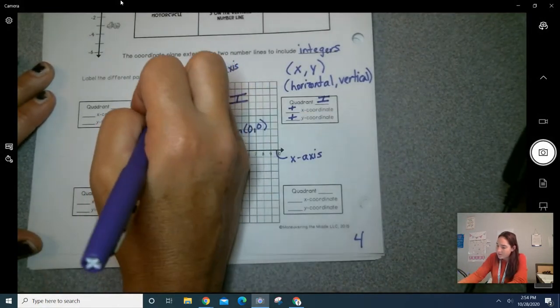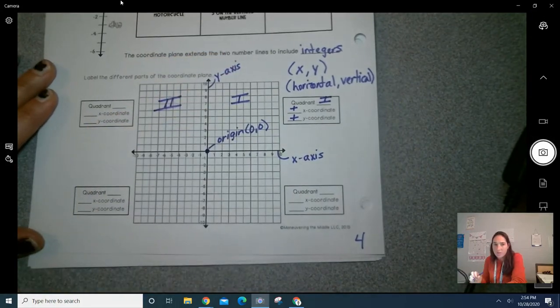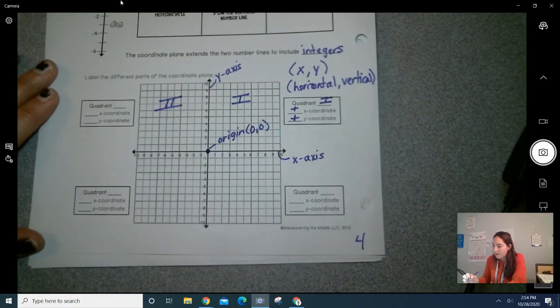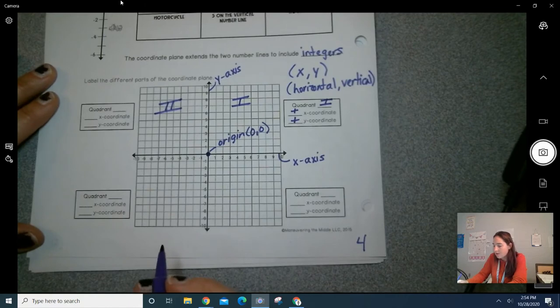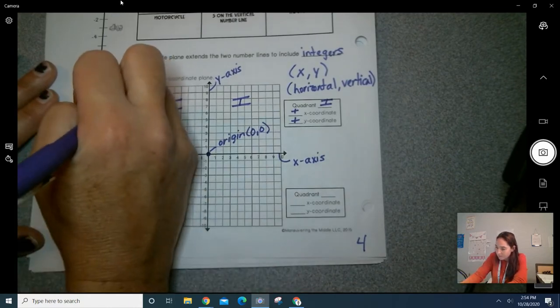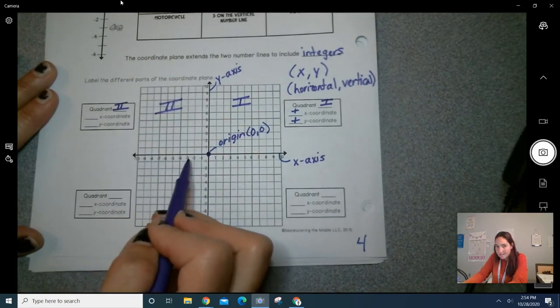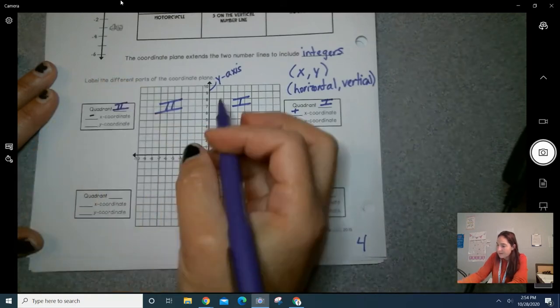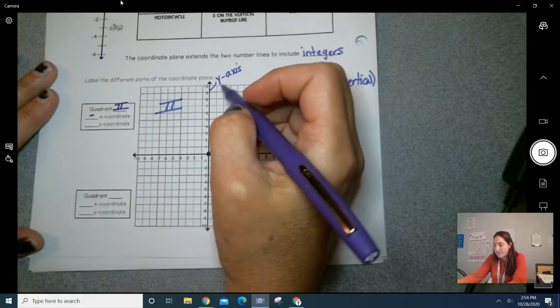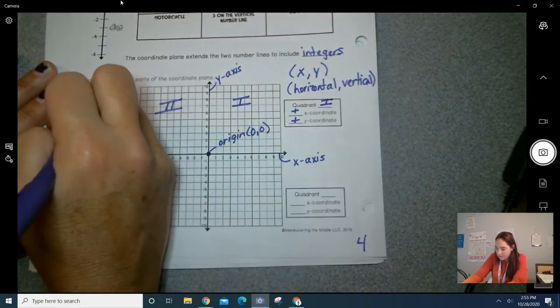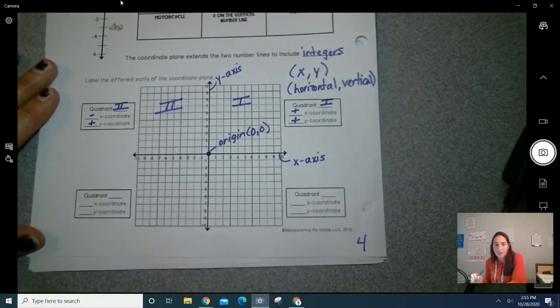The next quadrant is what we call quadrant 2, and we go counterclockwise. This is all across the world. We label quadrants using Roman numerals. So quadrant 2 has a negative x, but a positive y.